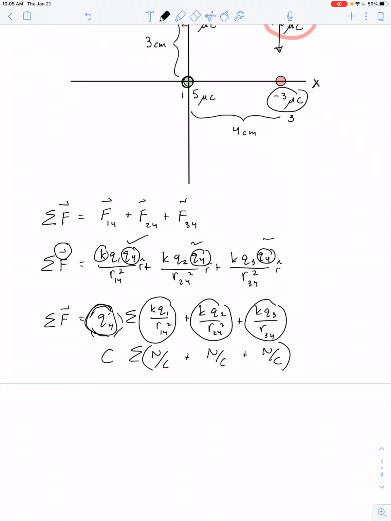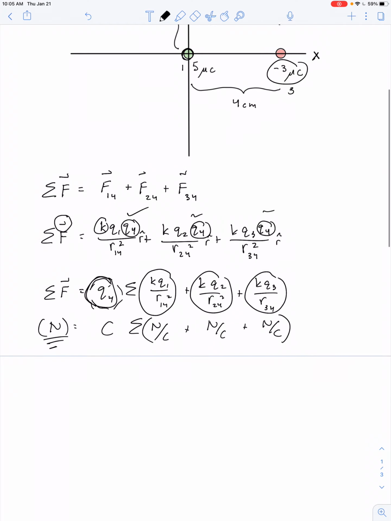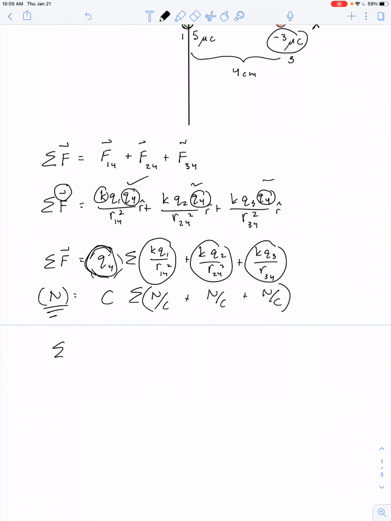And so in the end, we'll have an overall value in newtons. What we're really doing then was we're saying the net force on charge number 4 is equal to the charge of charge number 4 times this overall quantity expressed in newtons per coulomb. That overall quantity is known as the electric field, okay?